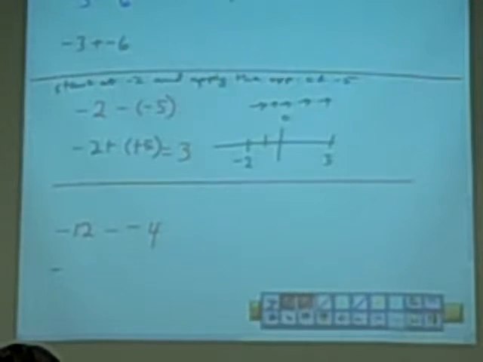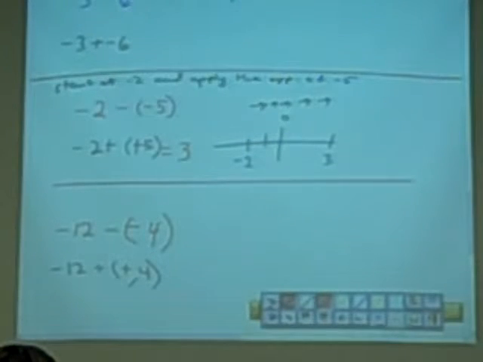So this would be -12 minus, and I'm going to put parentheses here, minus a -4, right? So now what do we do? Make the minus sign a plus, and change the sign of the next number, change the sign of four. So that makes the minus sign a plus. So now we have plus plus, right?